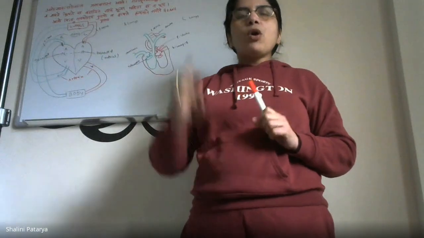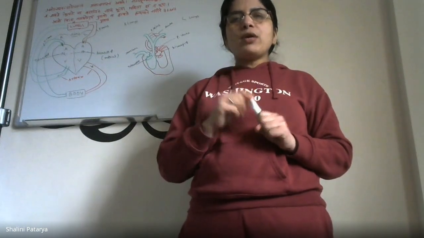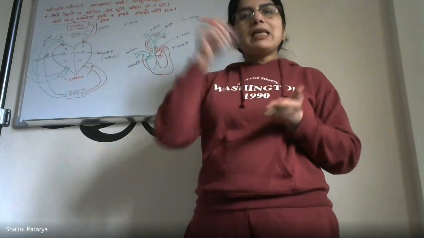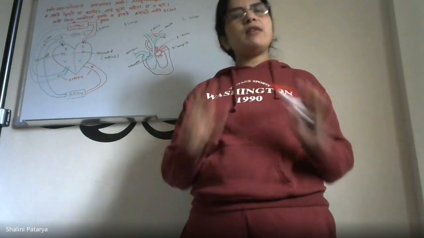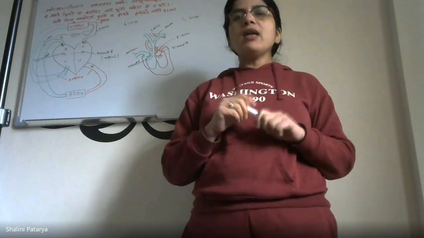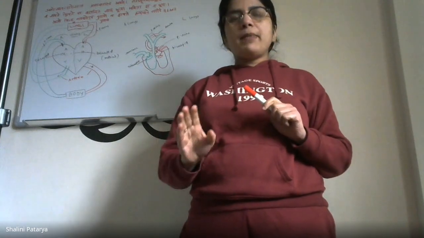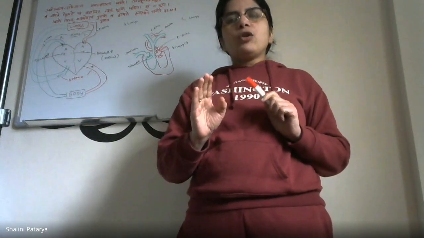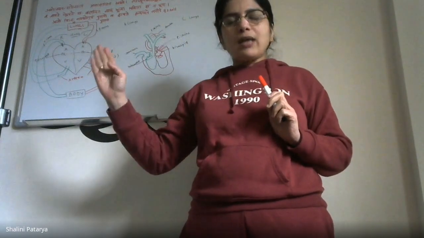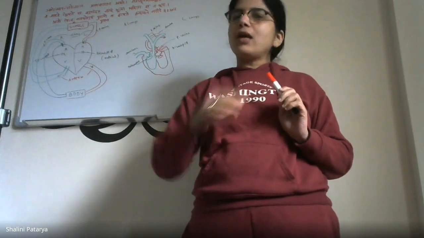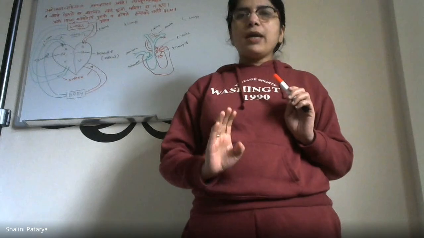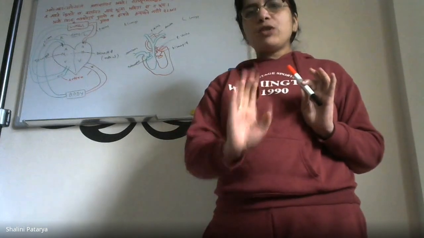Only remember one thing: if the blood is coming inside the heart, it will be veins. If it is going outside the heart, it will be arteries. Now pulmonary or not pulmonary depends on the lungs. If it has a relation to the lungs, it will be pulmonary. If it is not coming from the lungs or not going to the lungs, it will not be pulmonary. As of now, remember this much only.